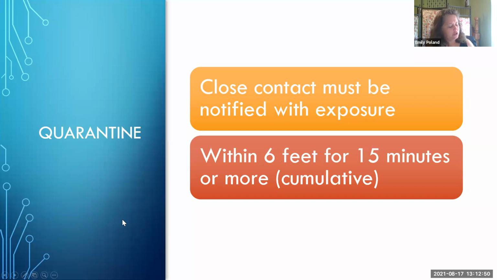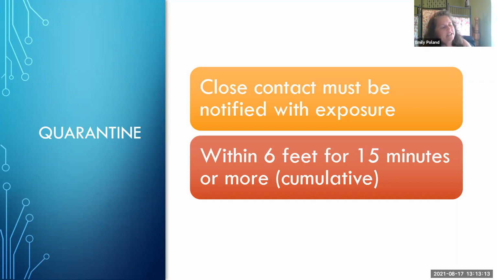All right, moving along to quarantine. Let me get to the right page. I'm flipping through the physical pages as well as looking at my slides. So, quarantine: any close contact must be notified if they had exposure. And remember that a close contact is within 6 feet for 15 minutes. That's cumulative.